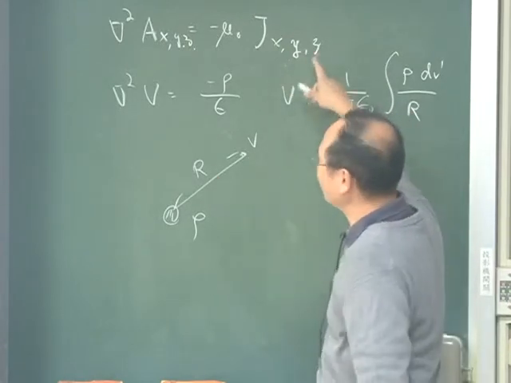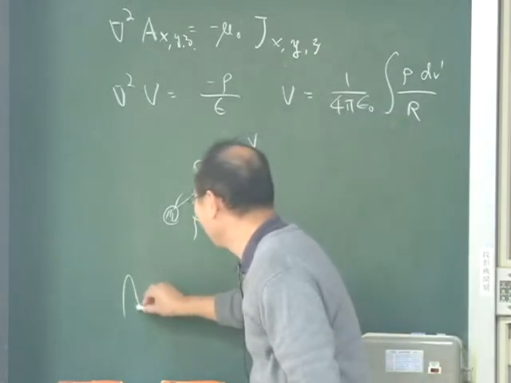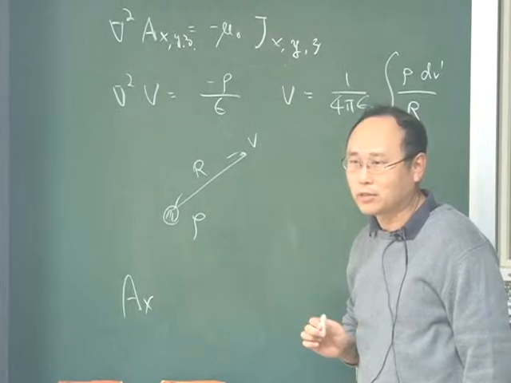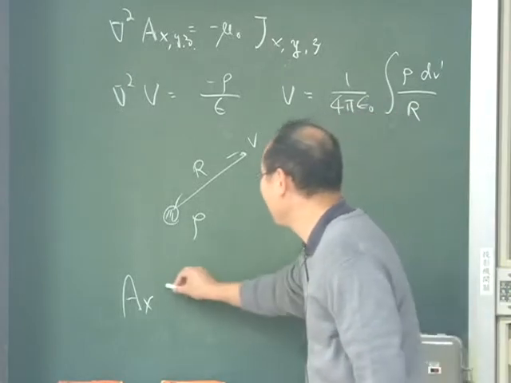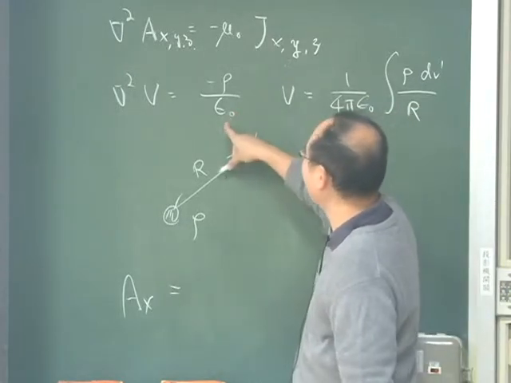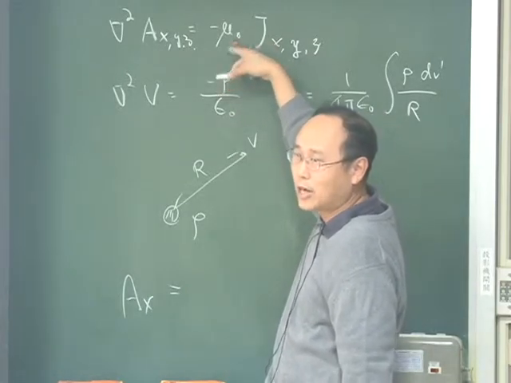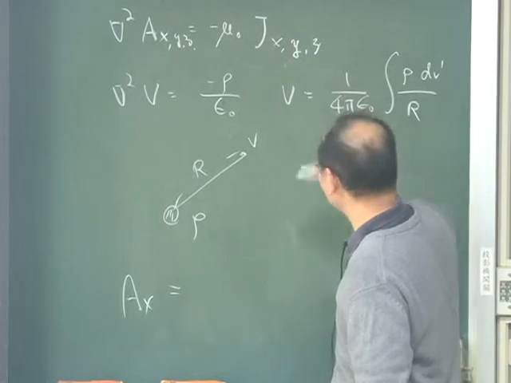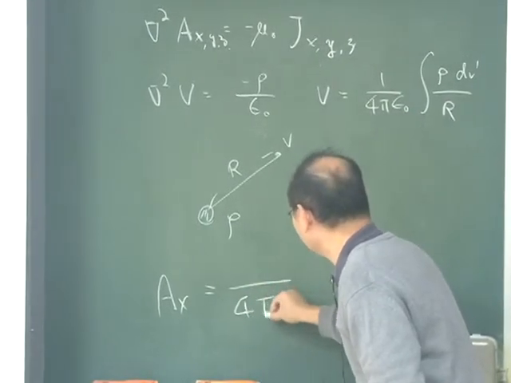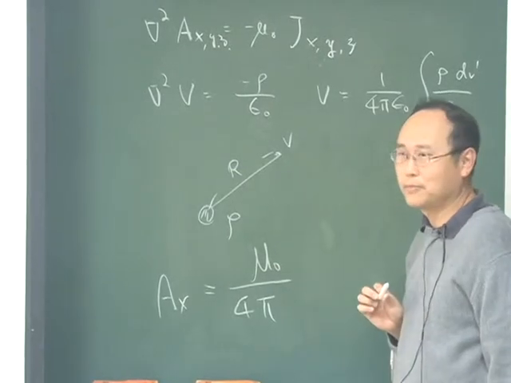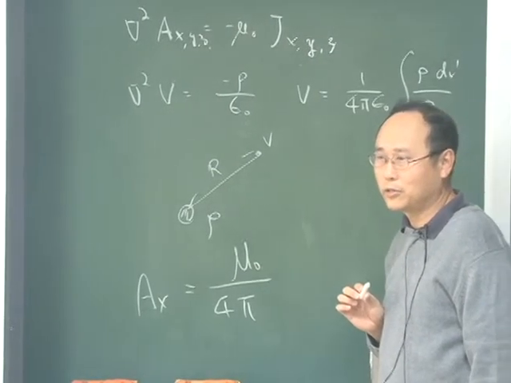So if you compare these two expressions, then for example, you want to calculate A of x, the x component of the vector potential. Then you have epsilon here downstairs, and you have mu 0 upstairs. So you just move this up. You still have 4 pi, and just move this mu naught up to the numerator.